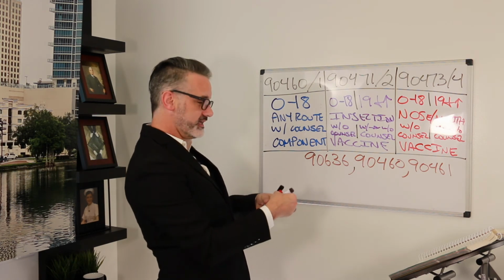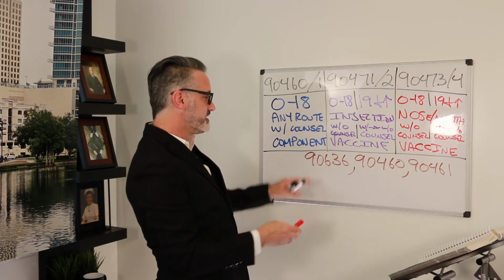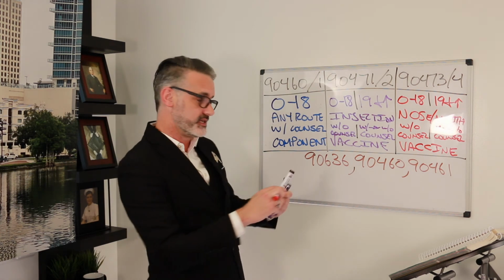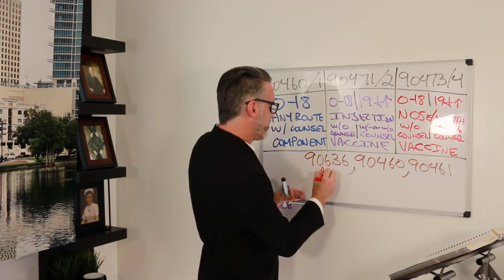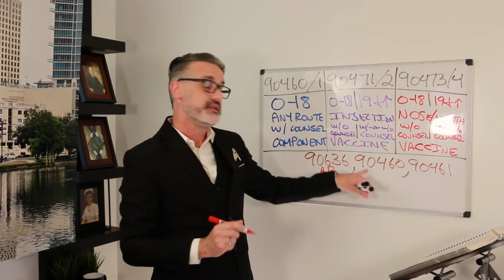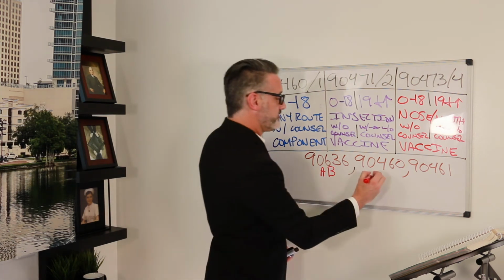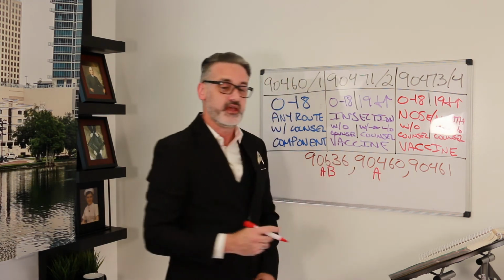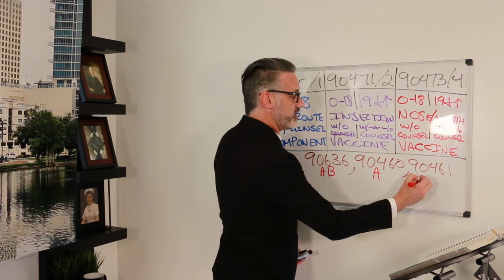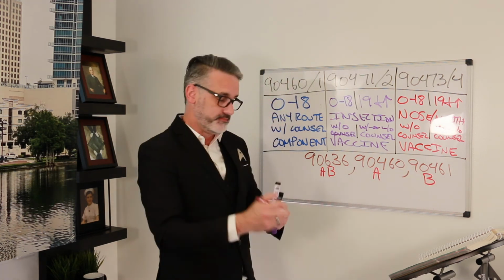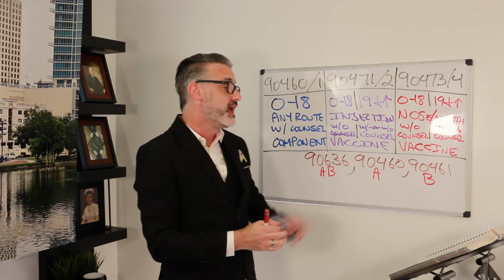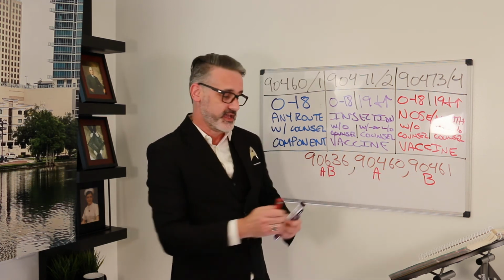And what I mean by that is, looking at the variances, think of 90636 as Hep A and Hep B. 90460 is for administering hepatitis A, and 90461 is for hepatitis B. The doctor is still just injecting the patient once, but they're counseling on two different things.